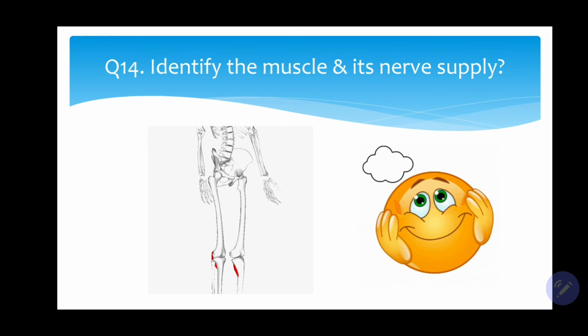The strength of this opening is reinforced by the expansion from the short lateral collateral ligament of the knee joint, which spreads its ligamentous or fibrous expansion to thicken the opening of the Popliteus capsule, and that forms the arcuate popliteal ligament of the knee joint.